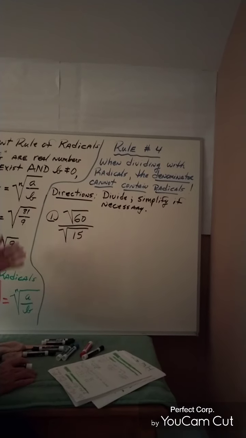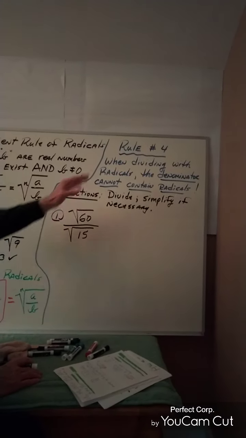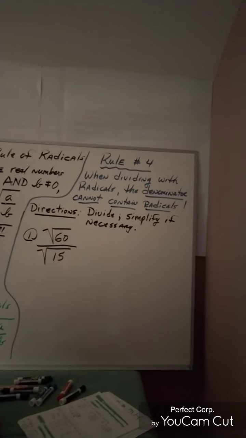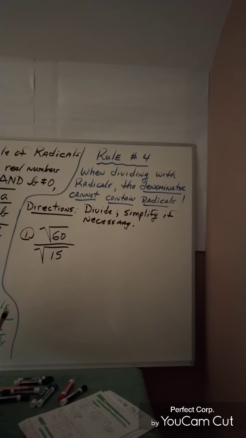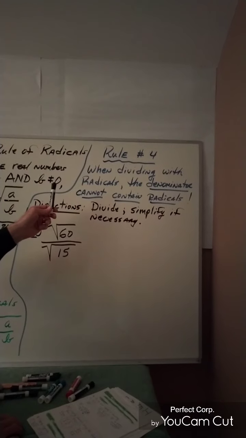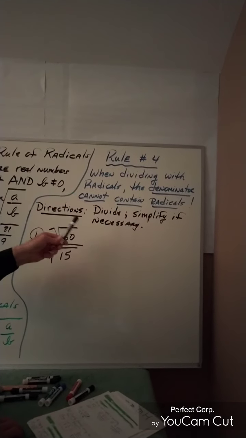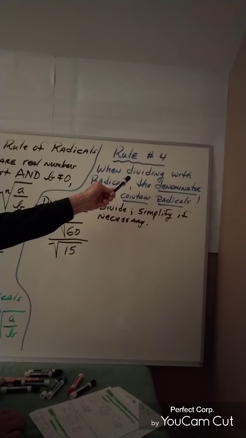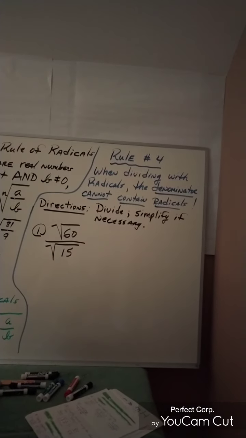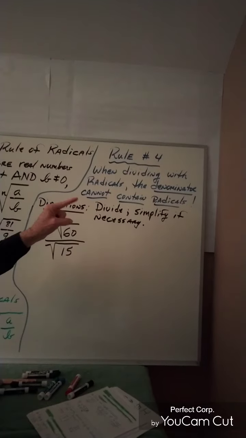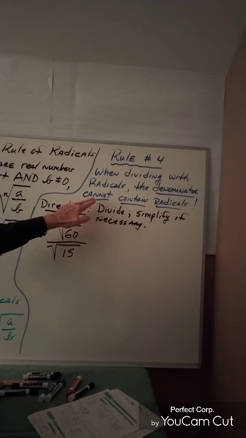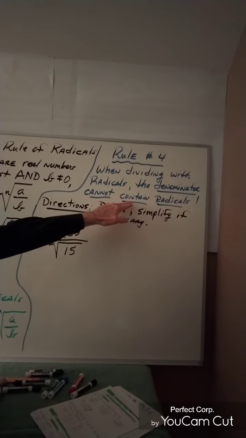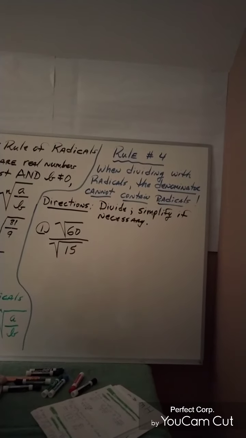In order to divide with radicals, we need a rule number 4, and it is going to have to be memorized, and it will not take long, but it does take time. Here's rule 4. When dividing with radicals, the denominator cannot contain any radicals.